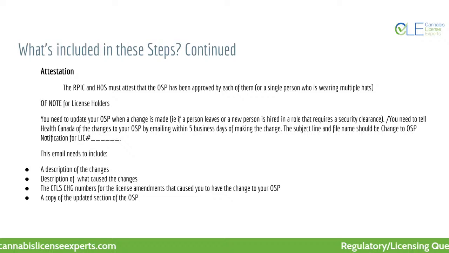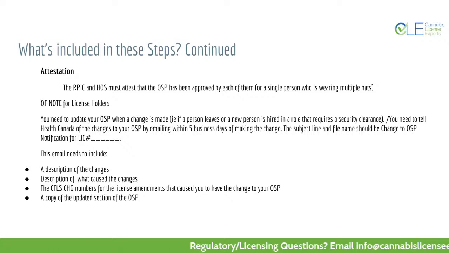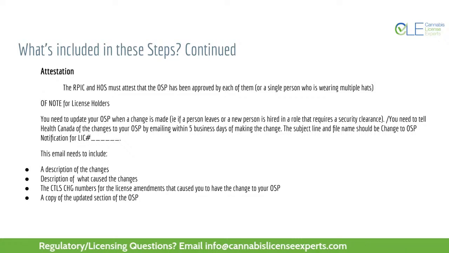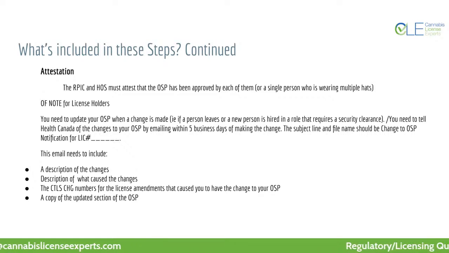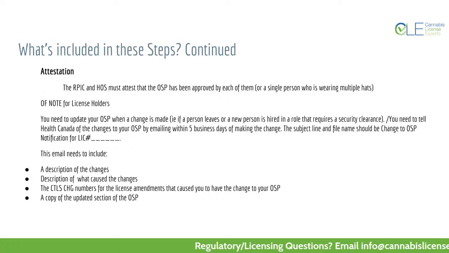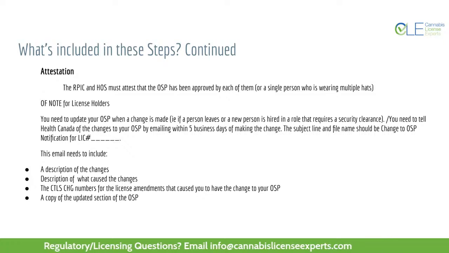Again, if you are going through the Physical Security Measures Guide or the OSP guide provided by Health Canada, you are going to see some terms that you might want some clarification on. One that I get a lot of questions about is rings of security or rings of protection.